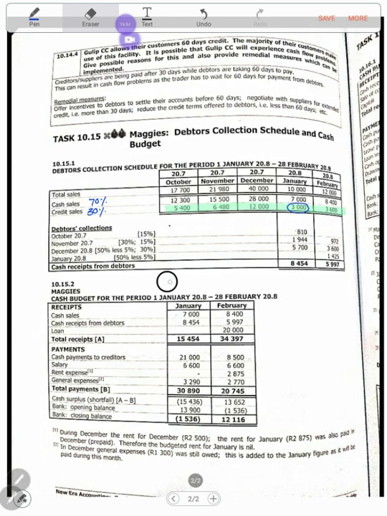Now we have completed our debtors collection period. What am I going to do? I'm going to calculate the cash that I will expect to receive from my debtors for the month of January. 810 Rand, 1,944 Rand, 5,700 Rand will equal 8,454.